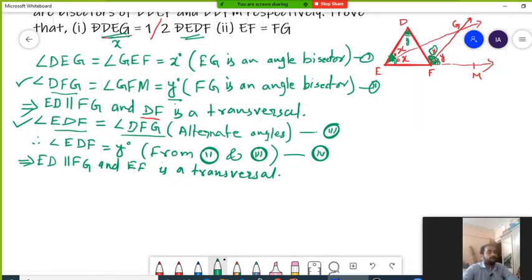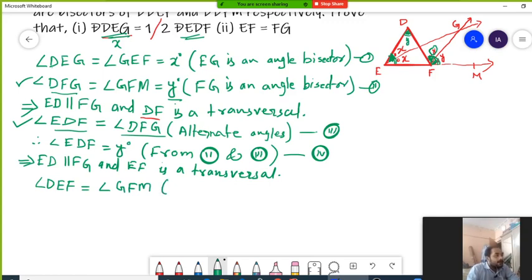Okay. Now, as per this, if ED parallel with FG and EF is a transversal, can I say angle DEF is equal with angle GFM, angle GFM.